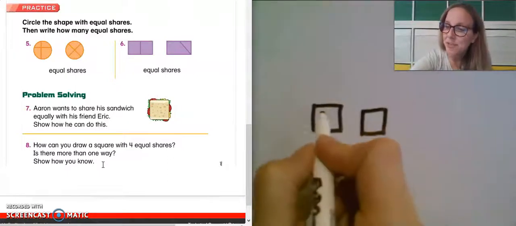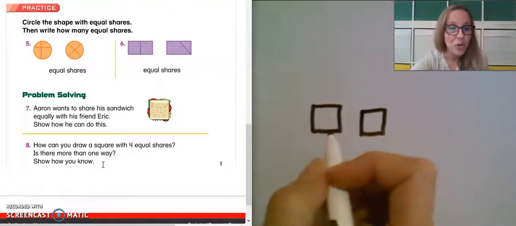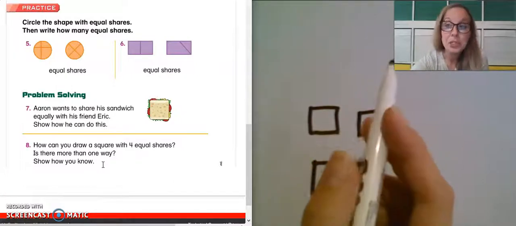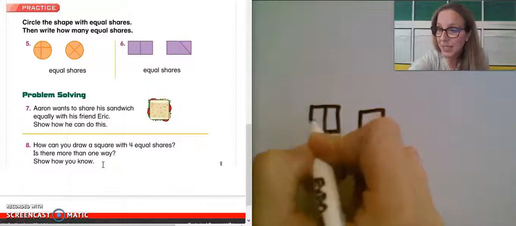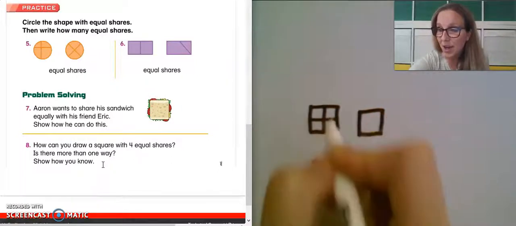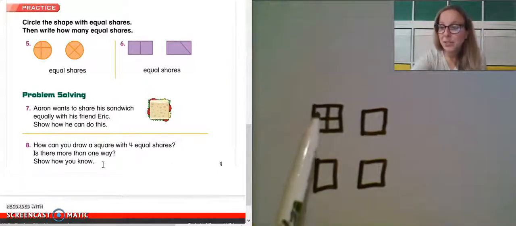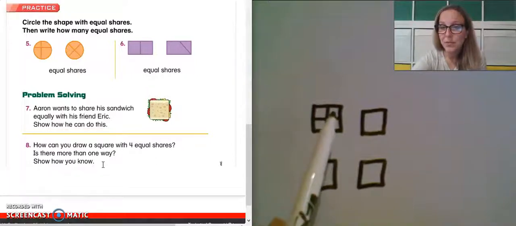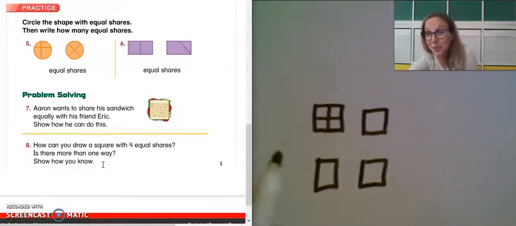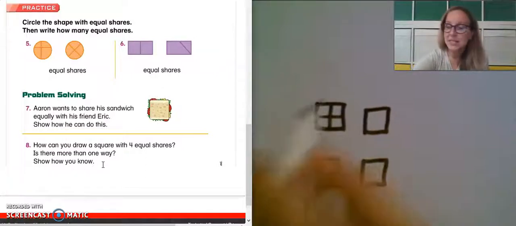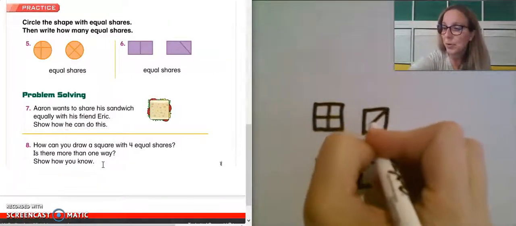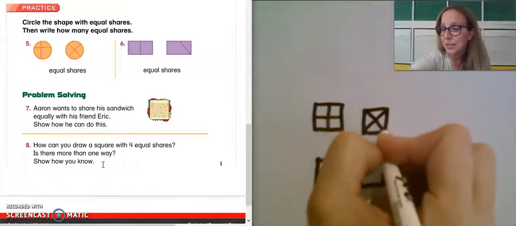And I'm going to show different ways that I can show 4 equal shares. So one way I could do that would be to cut down and across. Now I have broken my square into 1, 2, 3, 4 smaller squares, 4 equal parts or 4 equal shares. Okay? Another way that I could divide up my sandwich would be to go from corner to corner like we talked about.